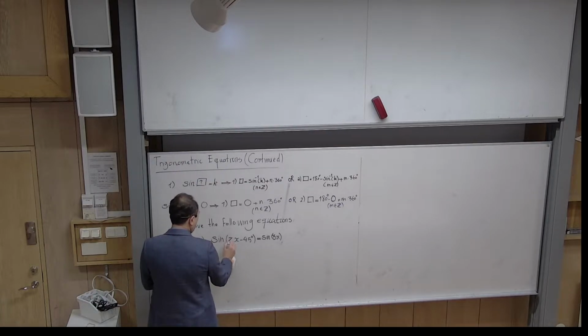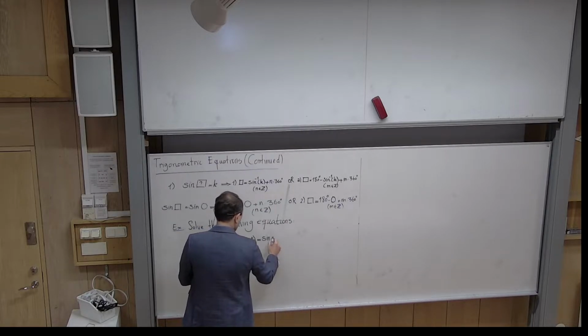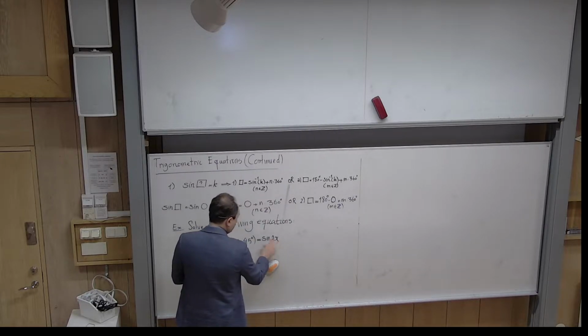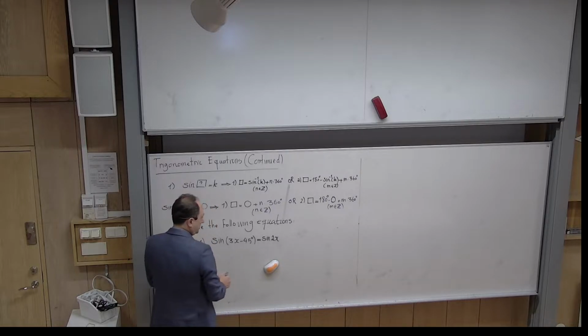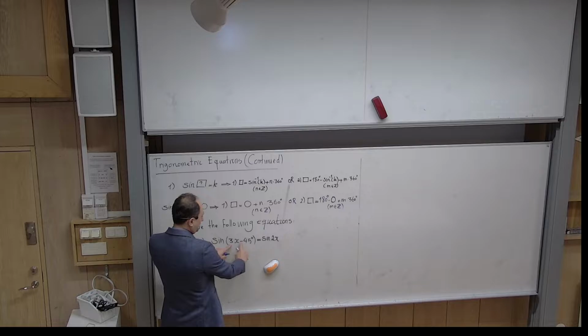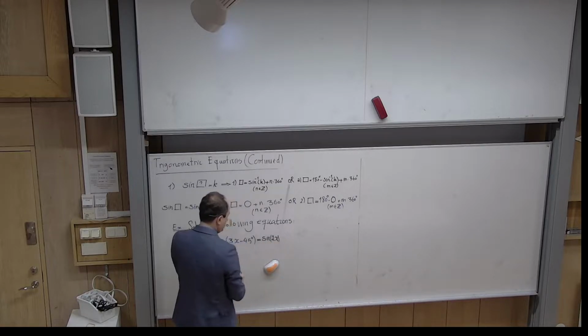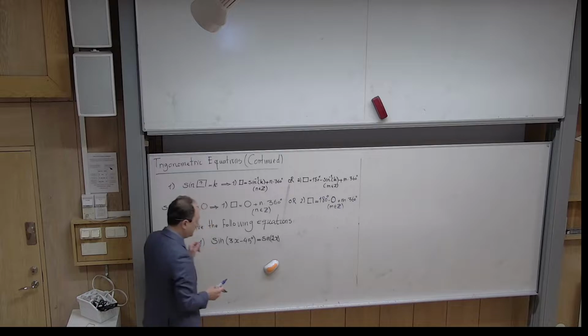Of course, it doesn't matter that much. And by the way, I can just simply write 2x, I don't need to put a pair of brackets. Here I have to put brackets, because I want to prioritize this over sine. But here I have to multiply x by 2 and then take the sine. If you want, you can emphasize that, but usually in the books they don't put brackets around that.